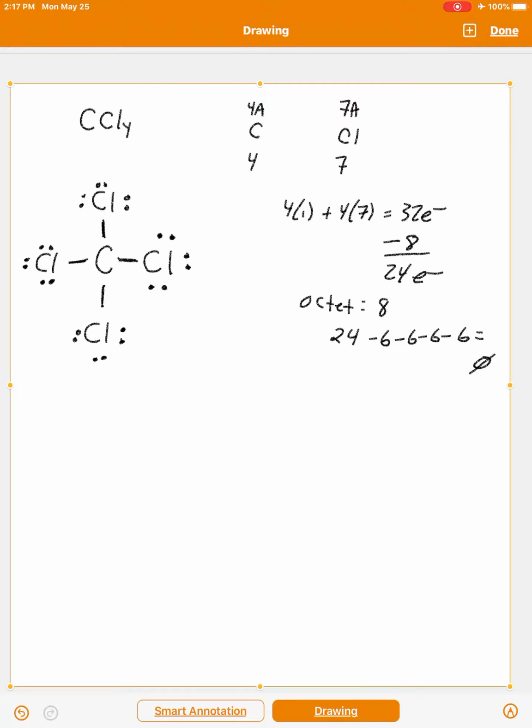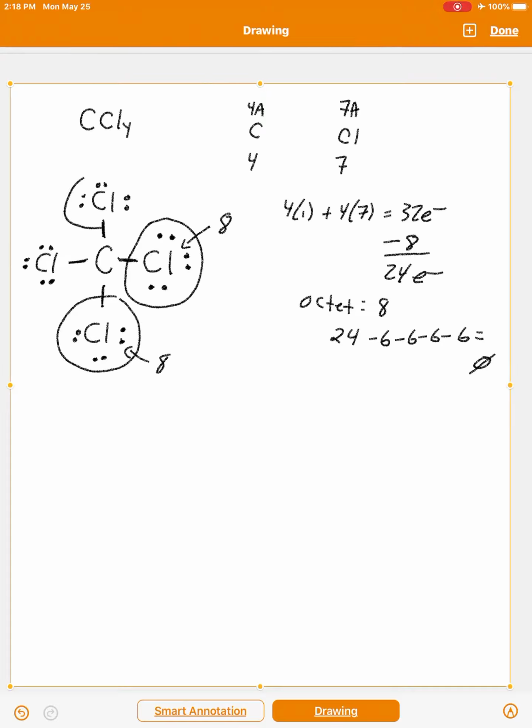We then check to make sure that each atom, unless it's hydrogen, has 8 electrons. And your counting is done in the following way. A bond counts toward both atoms. Lone pairs only count for the atom that they're connected to. So this chlorine now has a total of 8. Octet. This chlorine now has a total of 8.